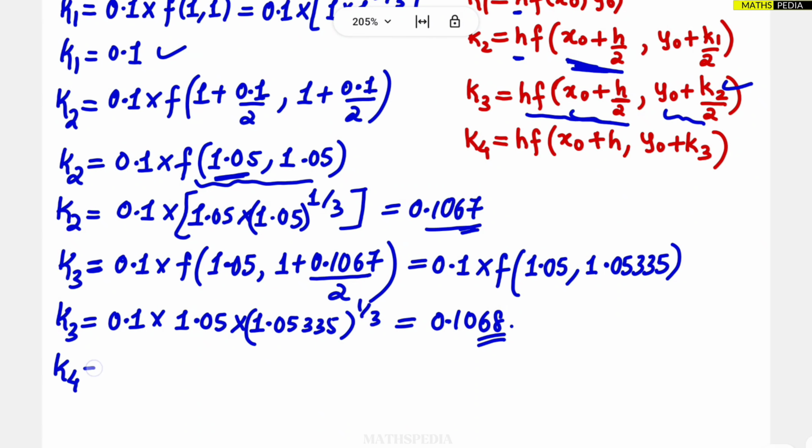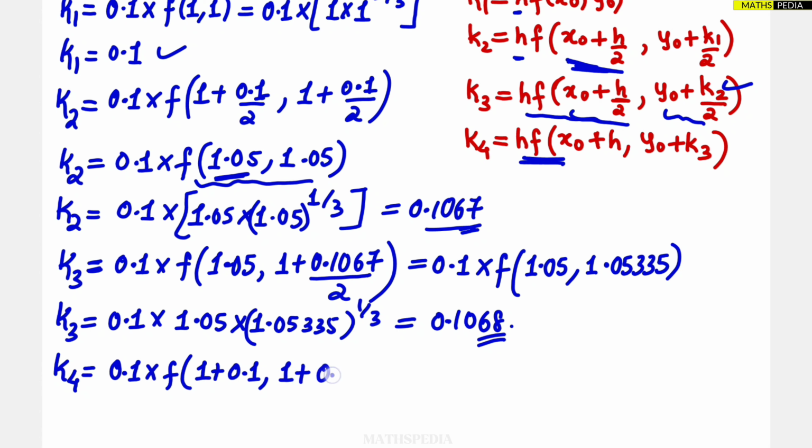So K4 value, the formula has changed. So h, that is 0.1, into function of x naught plus h. It is 1 plus h value 0.1, comma, y naught value is 1 plus K3, the previous value 0.1068. So 0.1 into function of 1.1, comma, 1.1068.